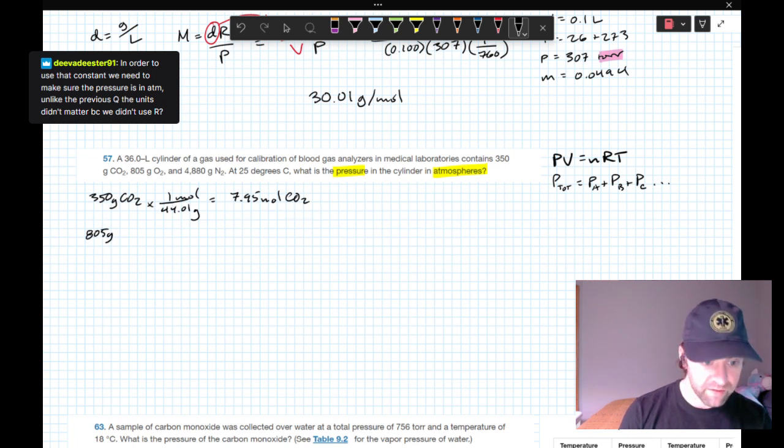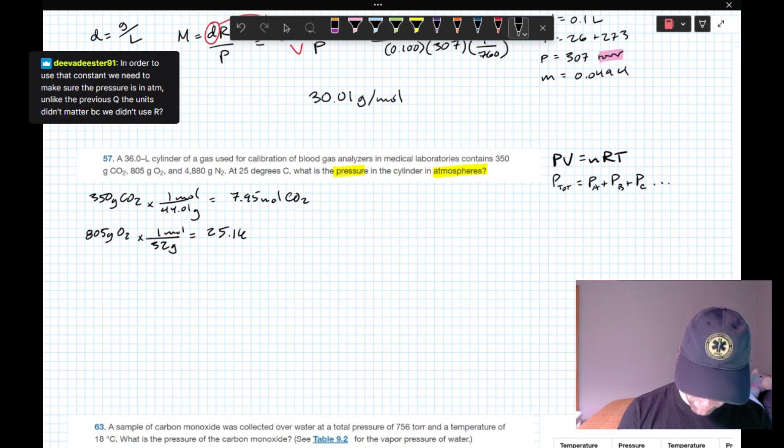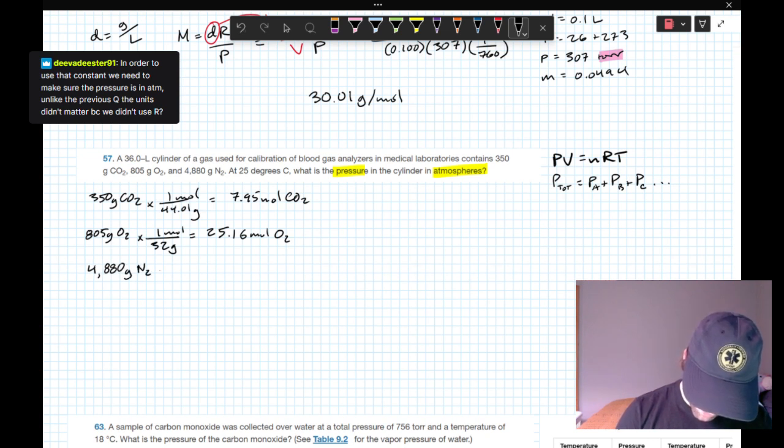805 grams of oxygen at 32 grams per mole gives us 25.16 moles of O2, and 880 grams of nitrogen.